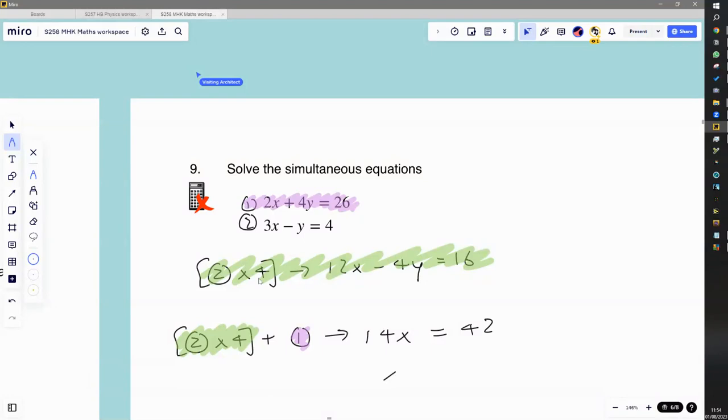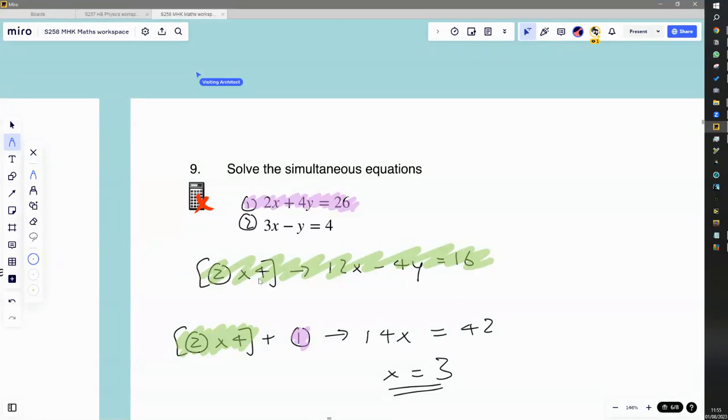So we divide both sides by 14. Well, I know 42 is in the 7 times table, so this should give us a whole number. Yeah, 3. There's our answer for x. What would I do from here? I could plug it into this equation or that equation to find the final answer.